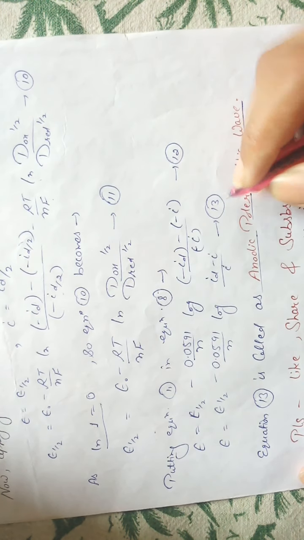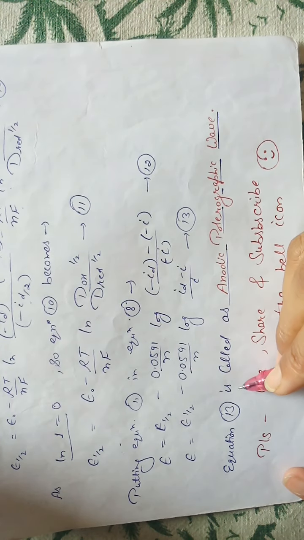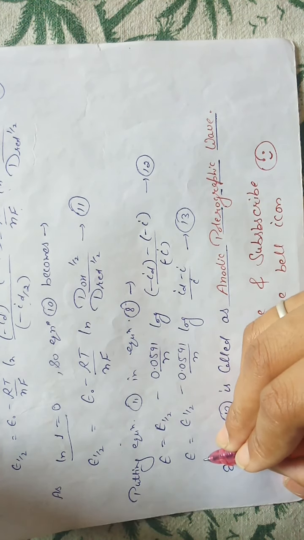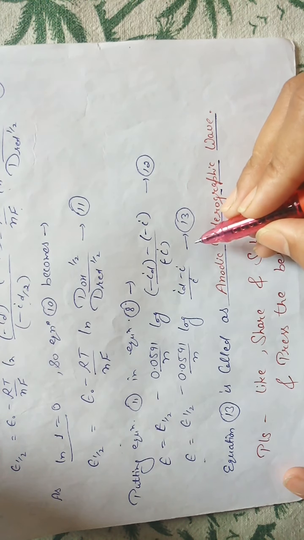So this is equation number 13. Equation number 13 is called the anodic polarographic wave.